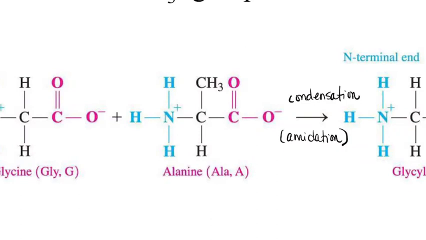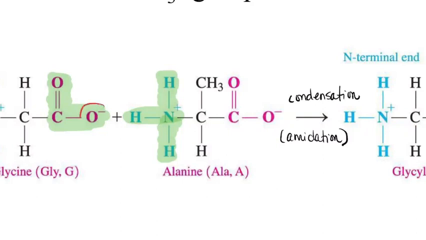So the chemistries are going to happen specifically here. The carboxylate of the first amino acid with the amino of the neighboring amino acid that we're trying to form a bond with. What happens overall in this condensation reaction?